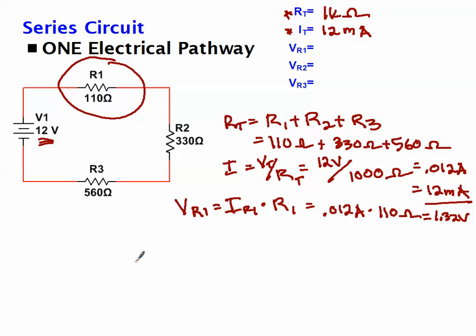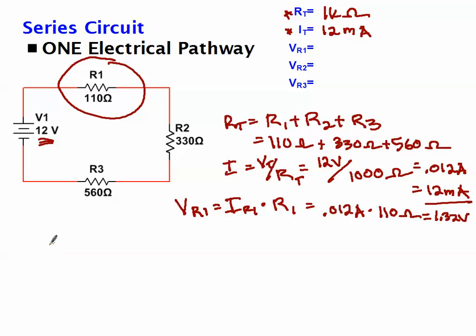The other method is what I call the proportional method. And there are different times to use different methods, but it's always good to have two ways of doing something, because then you could use one method to calculate it and the other method to check your answer and make sure you got the right answer.